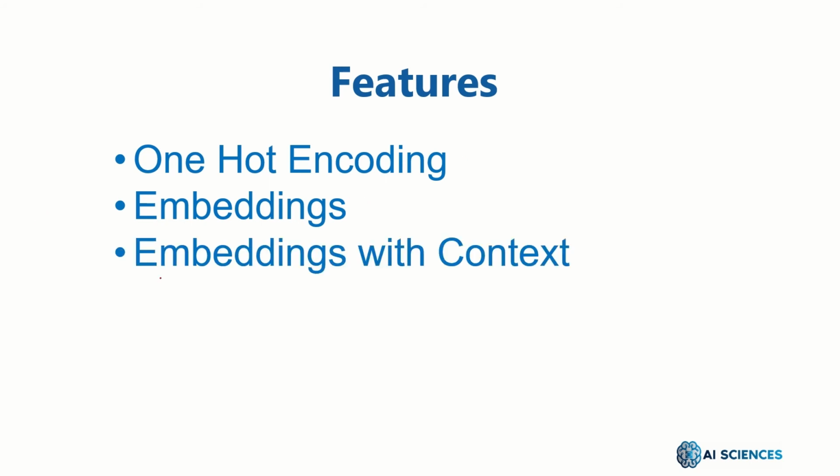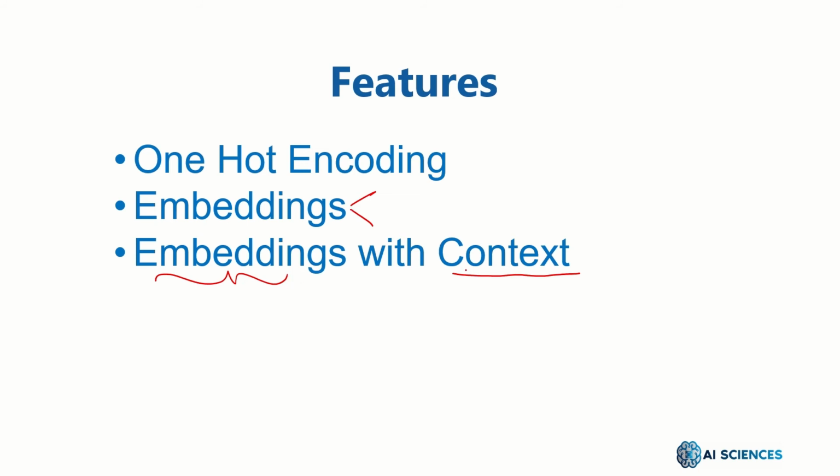Also, there are very recent embeddings that actually use the context. Embeddings like word2vec, GloVe, and negative sampling are context-free embeddings, meaning if the same word appears in a different context, the embedding will be the same.